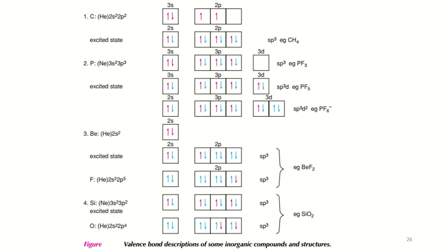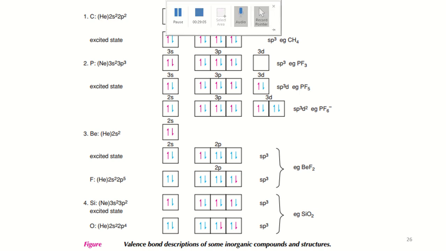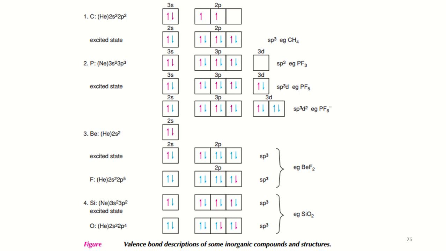Example 4 is silicon dioxide, with a similar structure to BeF2 I already discussed, but in this case silicon is in the excited state, has 4 half-occupied sp3 orbitals, each of which shares an electron with surrounding oxygen, and each oxygen has 2 half-occupied orbitals for covalent bond formation with silicon.